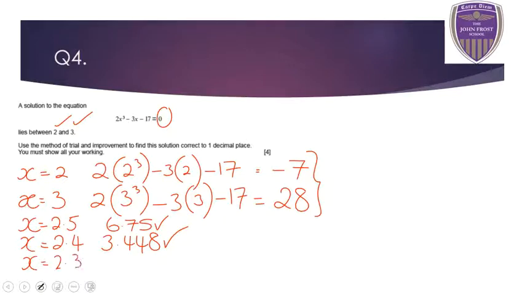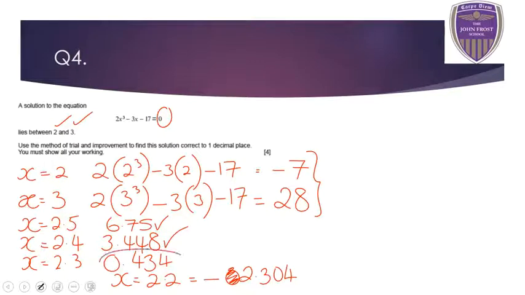When x is 2.3, you'll end up with 0.434. X equal to 2.2, you'll end up with minus 2.304. So you've got a positive there and a negative there.